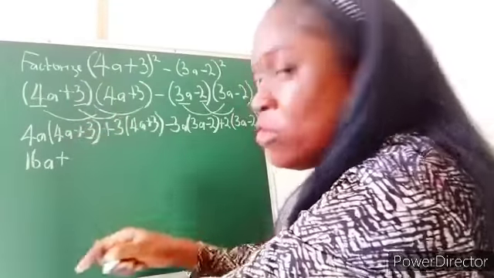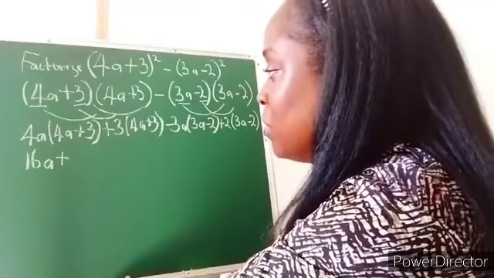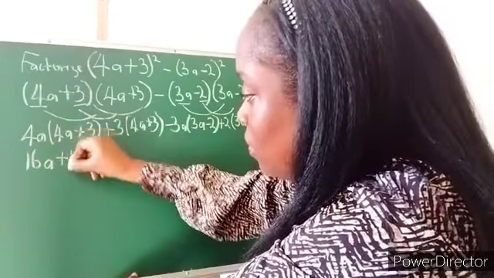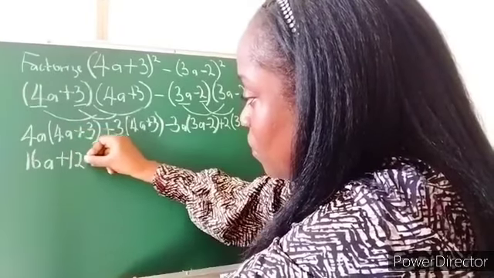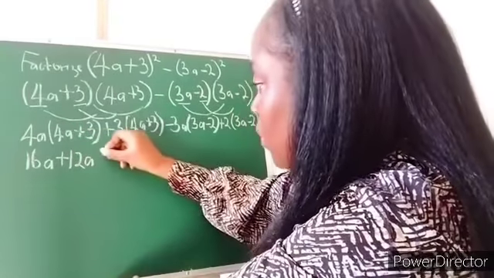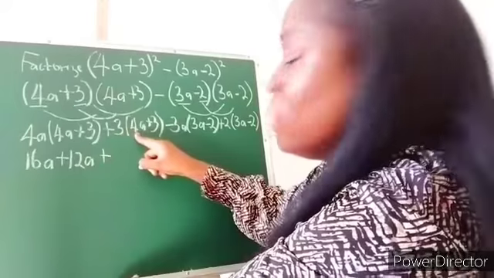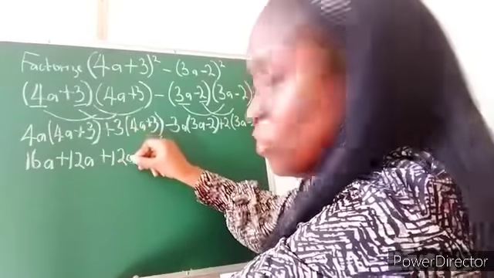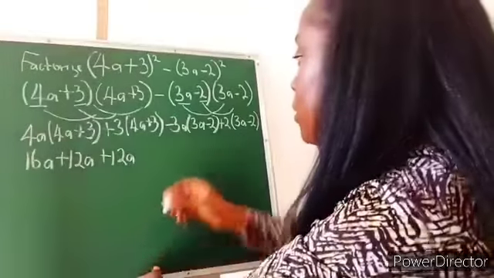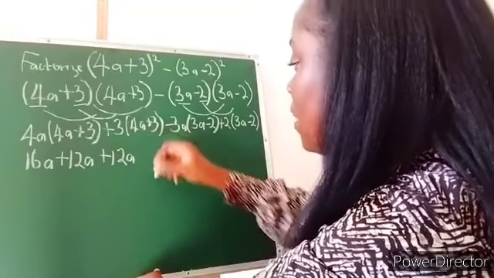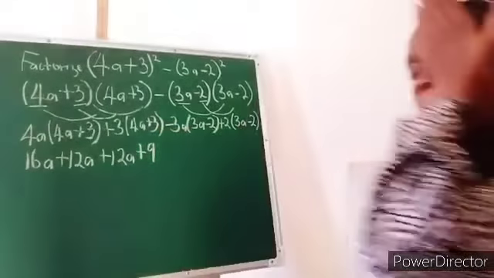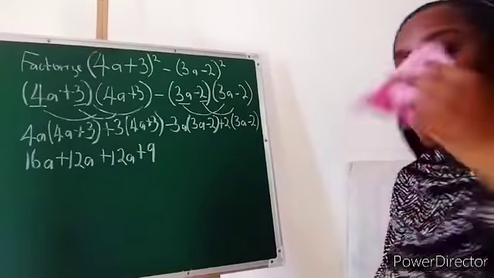Plus follow us join body. 3 times 4a will give us wetin? 12a plus 3 times 4a again will still give us wetin? 12a plus 3 times plus 3 is plus 9.